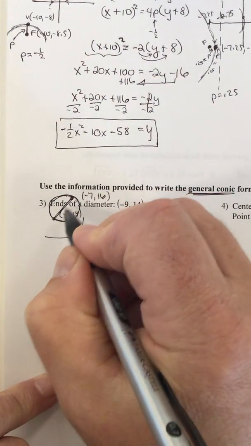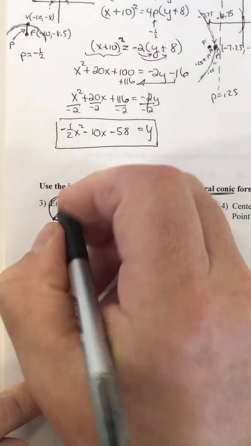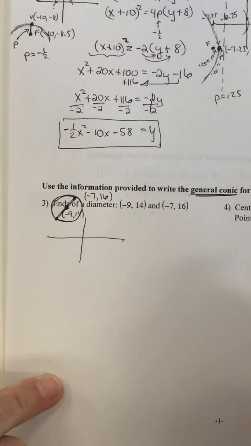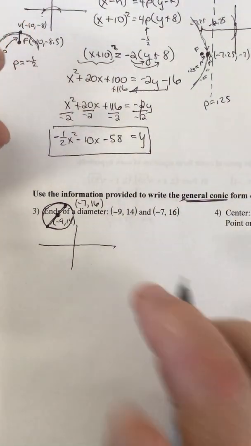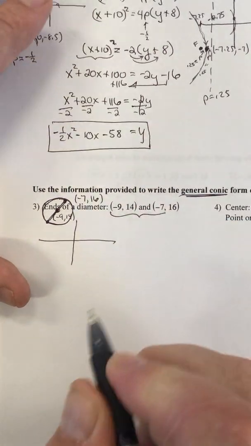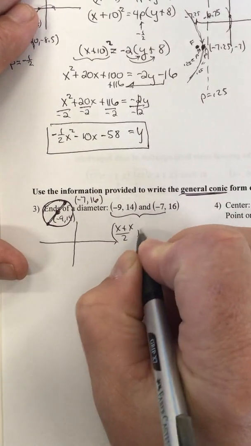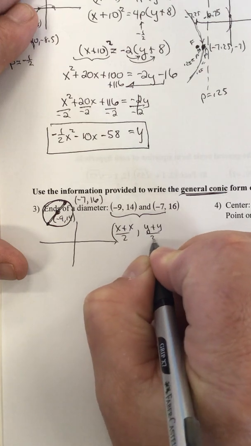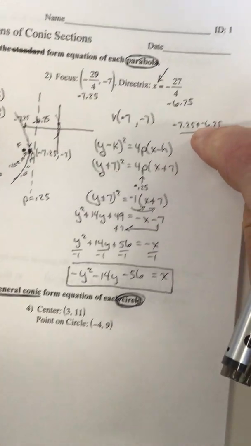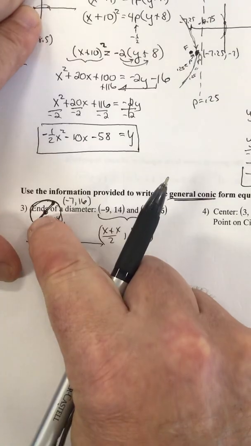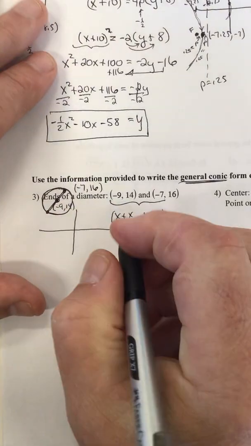Okay, if those are the ends of the diameter, the center will be the midpoint of that. So I just need the midpoint between those two dots. Well, the midpoint is the average of the x's, and then the average of the y's. Like what we just did over here when we had to find halfway. You add them up and divide by 2.